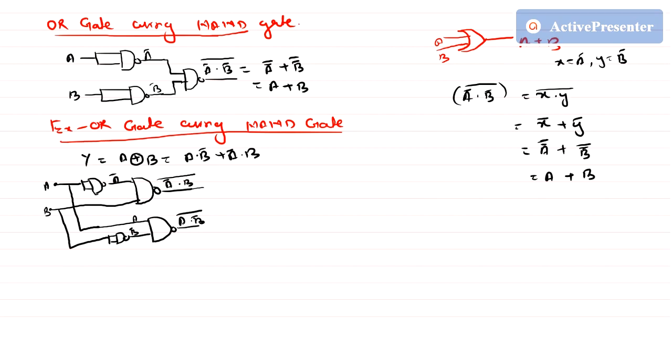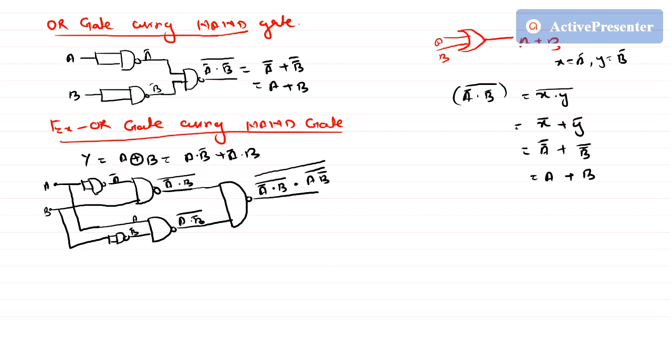So here the output will be A bar dot B whole bar multiplied by A dot B bar whole bar. This is the actual output. Then it is a NAND gate, so there will be another bar. Now this double bar cannot be directly cancelled because these are different entities.